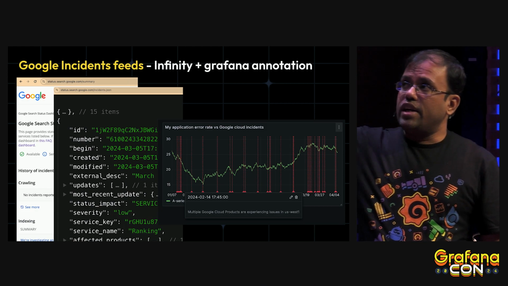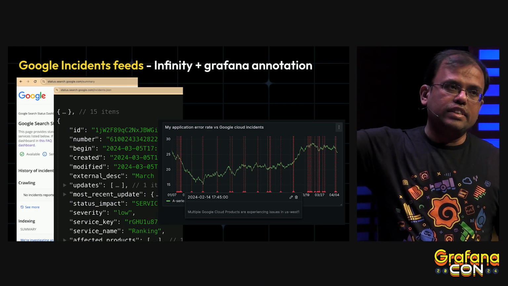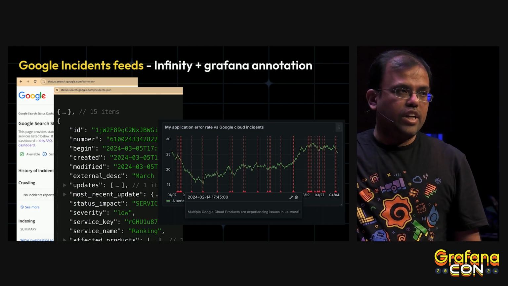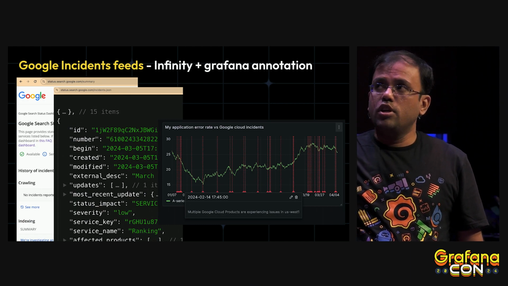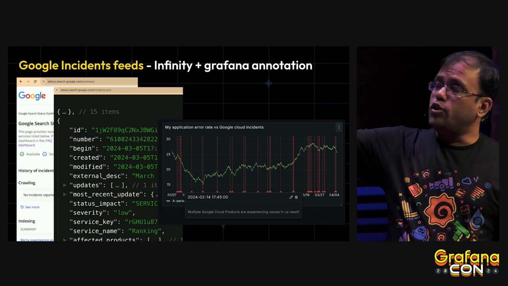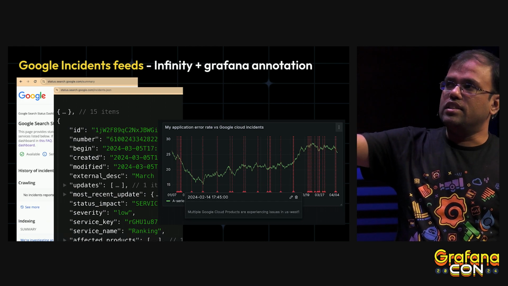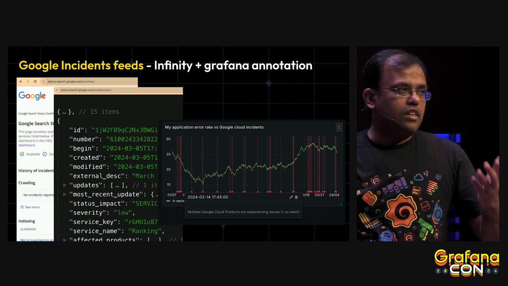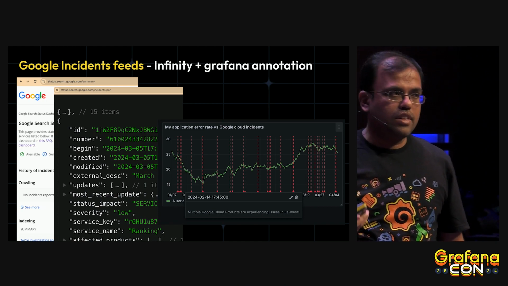If you have annotations over your error graph saying there's an outage in Google in this region, and because of that your error rates are going up, you can simply correlate using Grafana annotations and this JSON. You can easily visualize the error rates and that outage. That saves me tons of time.